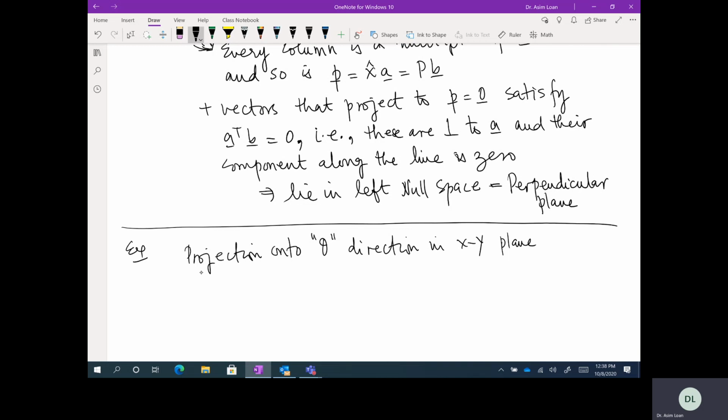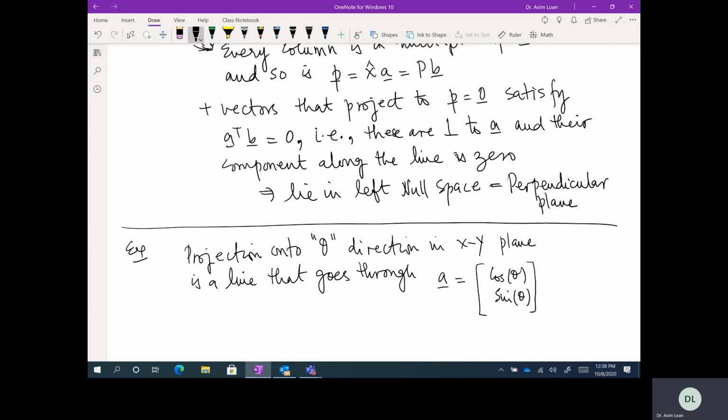Projection onto theta direction in xy plane is a line that goes through A equals cosine theta sine theta.